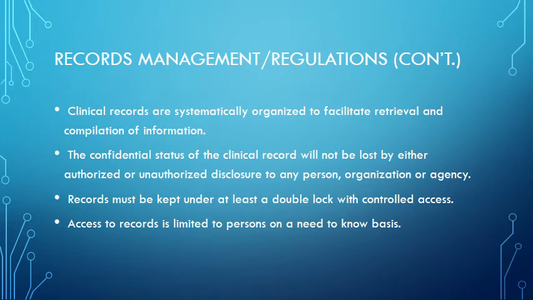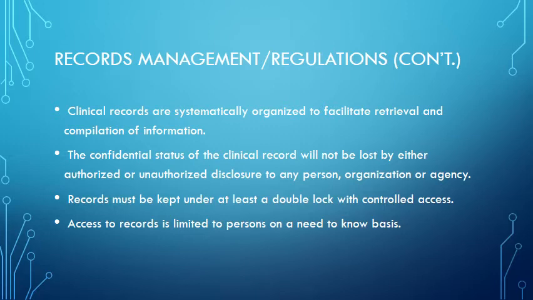Clinical records should be organized in a way that makes it easy to find where information is stored in the record. Back in the day of paper records, the file had tabs to identify where items were located. With electronic records, there are typically electronic tabs that store similar information together.